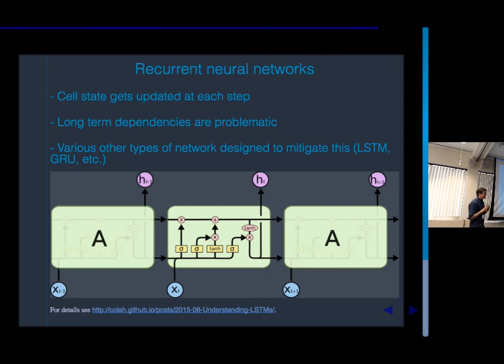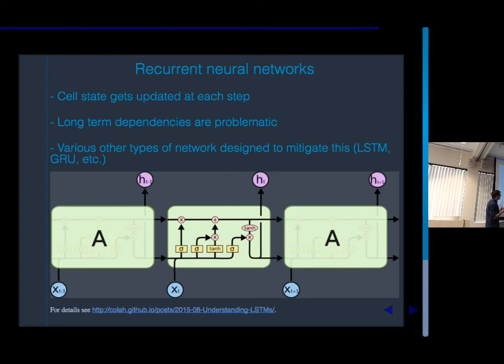It's not as simple as the convolutional filter idea. The canonical example of this is called an LSTM, long short-term memory cell. GRUs are another slightly more modern way of doing this. It's basically just a different configuration here, so we pass the information around in a different way.